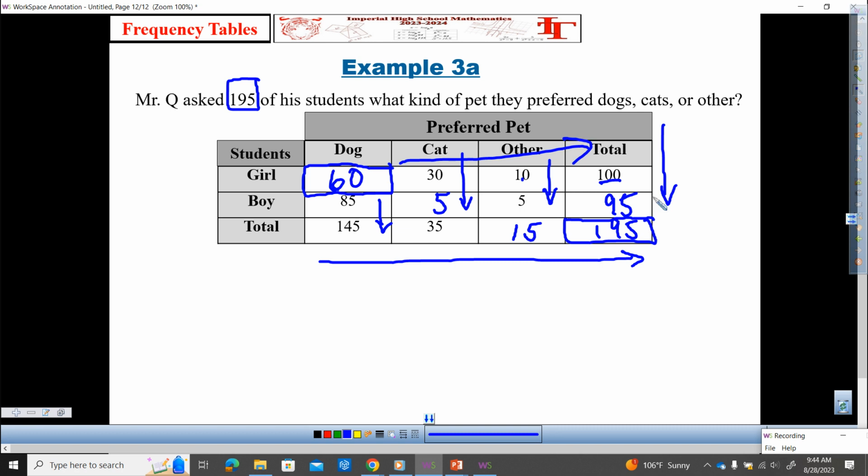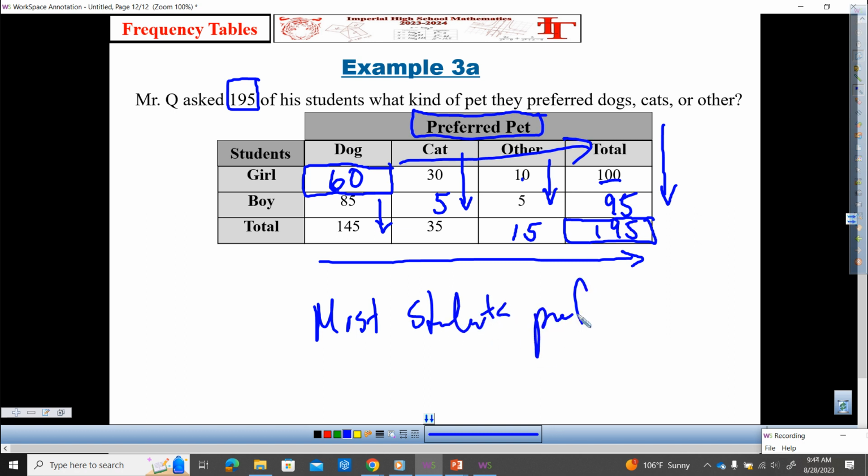All right, looks like Brianna's got it. Brianna, what did you say in regards to this data? Most students prefer dogs.